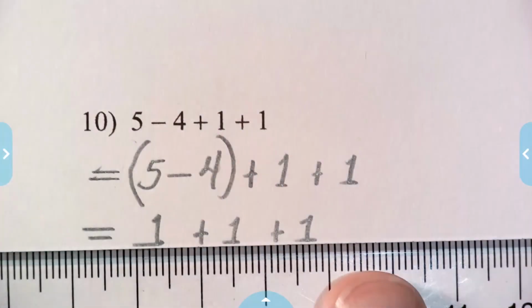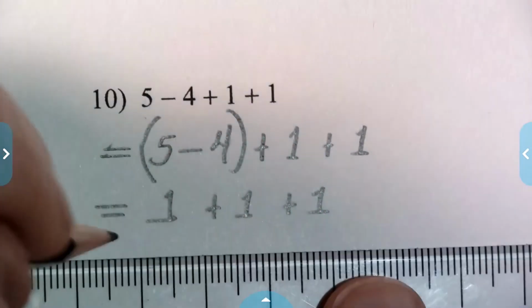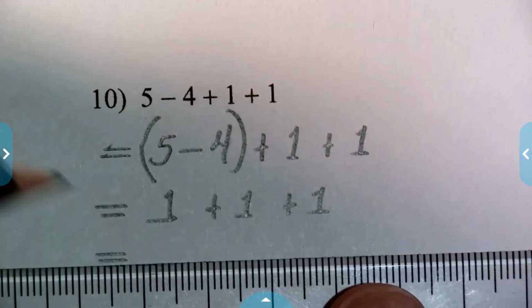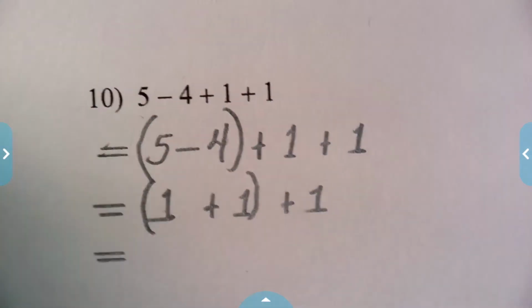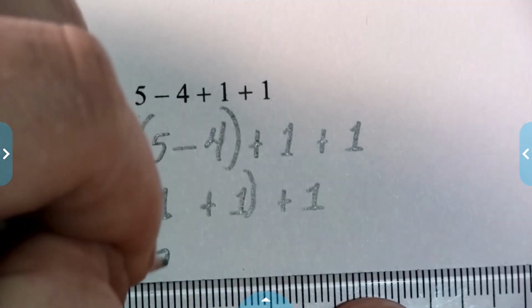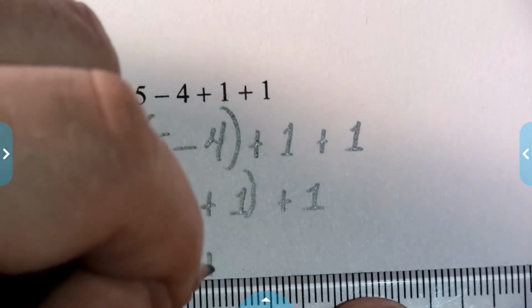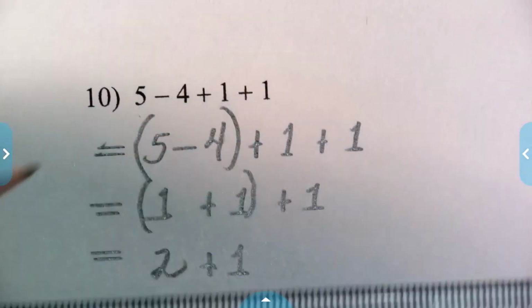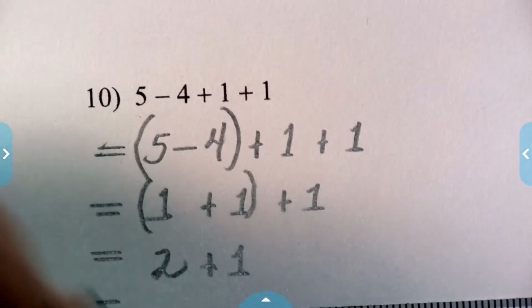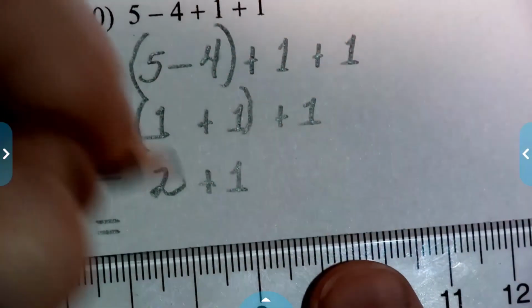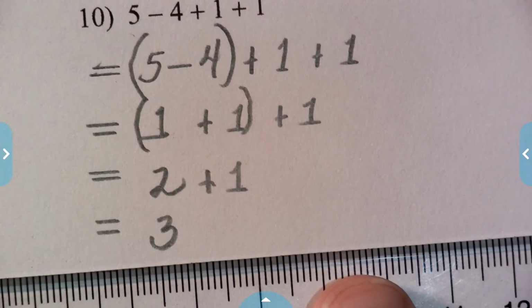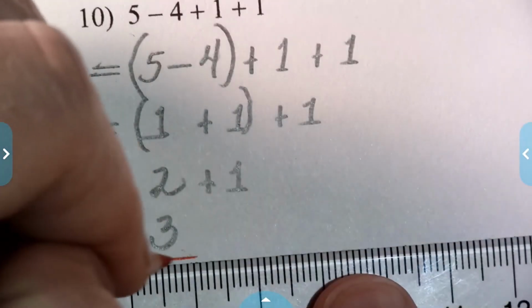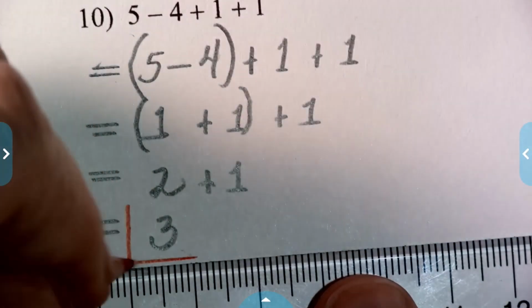And I think the answer is obvious, but we'll say here, now I'm going to group these. 1 plus 1 is 2. Plus 1. And 2 plus 1 is 3. And we're going to put a red box around that.